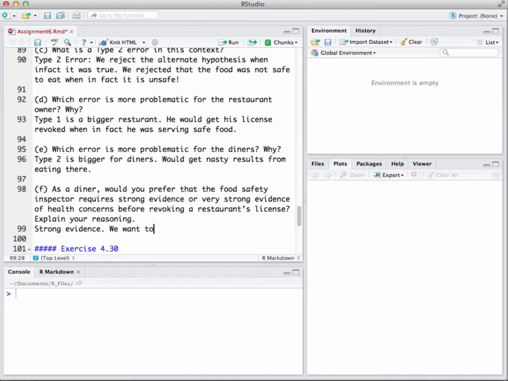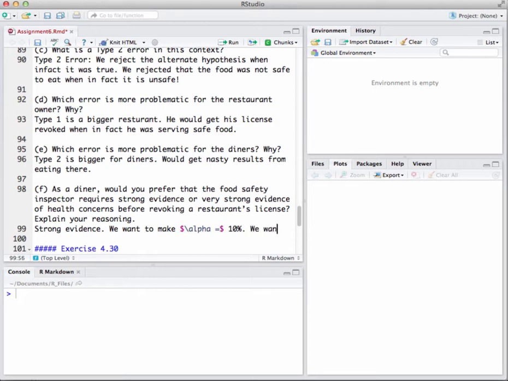We want to make alpha equal to, let's say, roughly 10%.